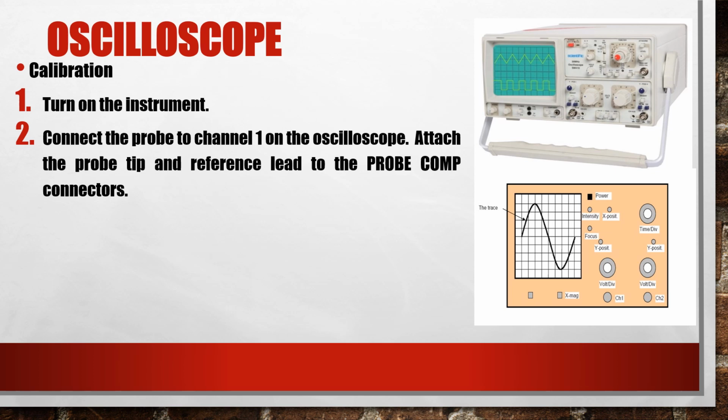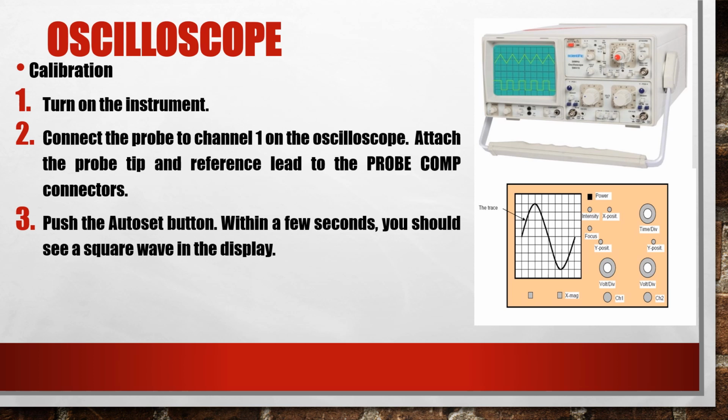To do this, align the slot in probe connector with the key on the channel 1 BNC. Then attach the probe tip and reference leads to the probe connectors. Then push the auto set button. Within a few seconds, you should see a square wave in the display.